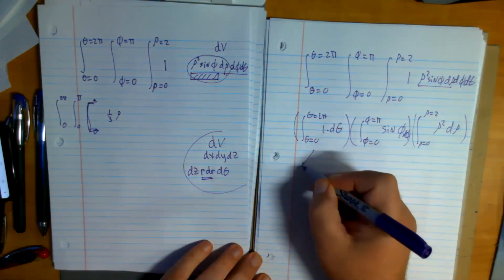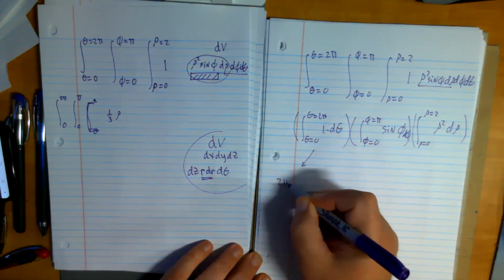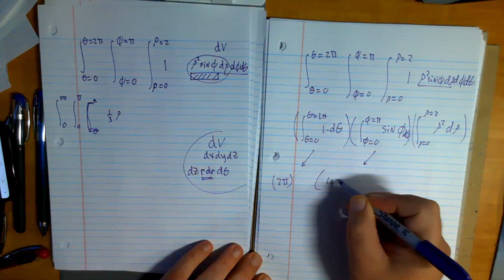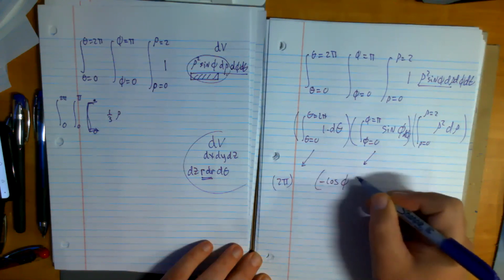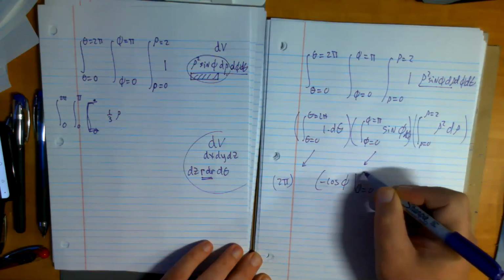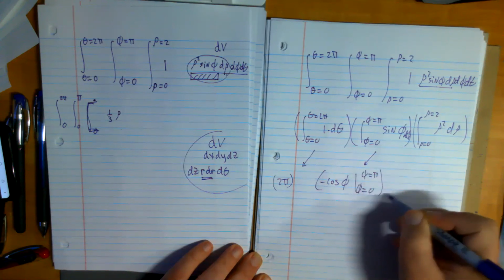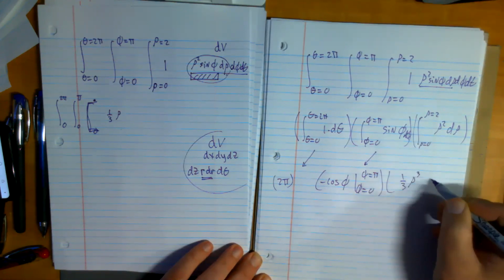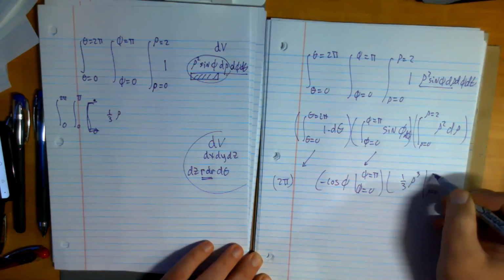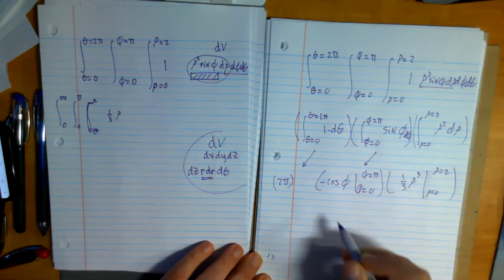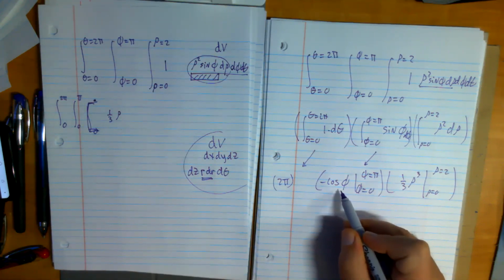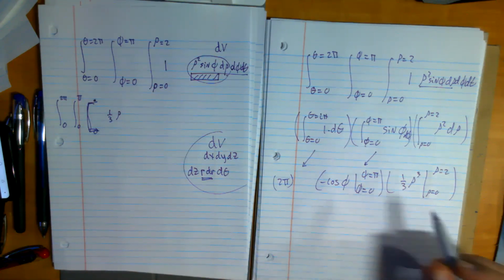This guy we can do, and he's basically 2 pi. And this guy becomes a negative cosine. And this guy becomes 1/3 rho cubed. Plug in pi. The cosine of pi is -1, so negative of that is 1.